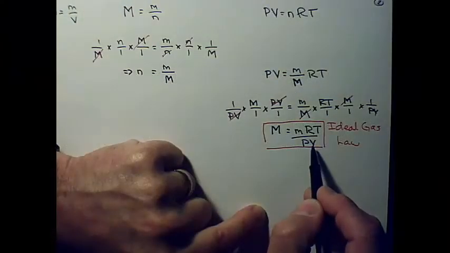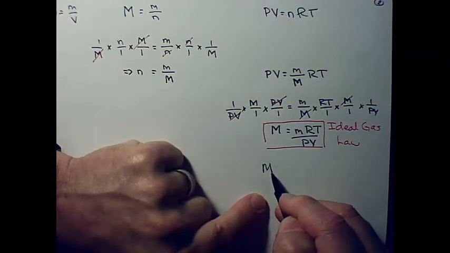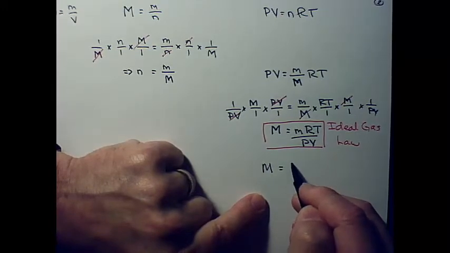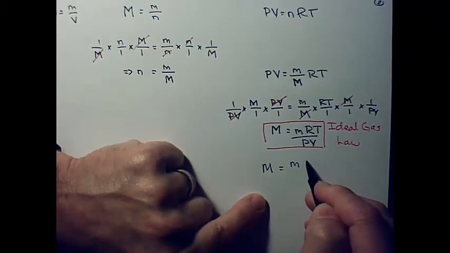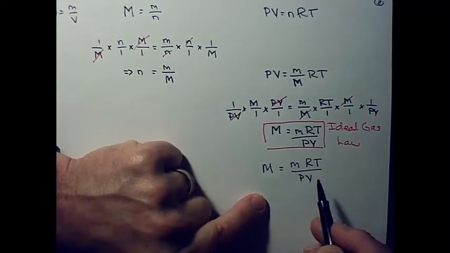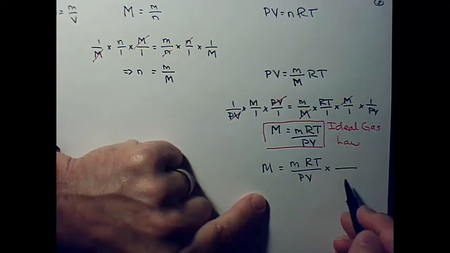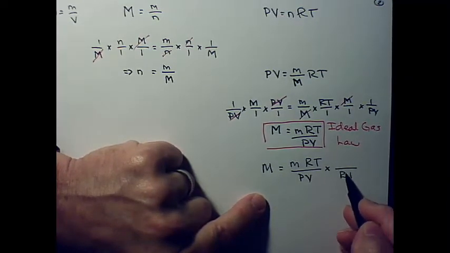We want to get mass and volume by itself. So if we have molar mass equals mRT over PV, and I want to get rid of the RT on this side, I want to divide by RT.